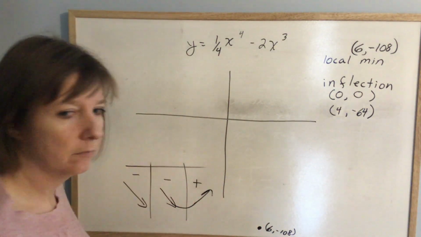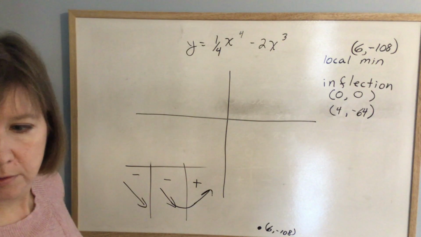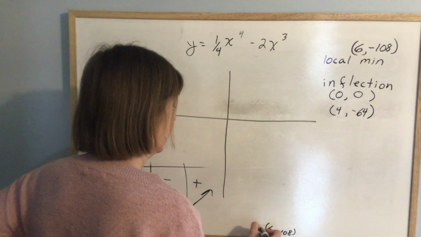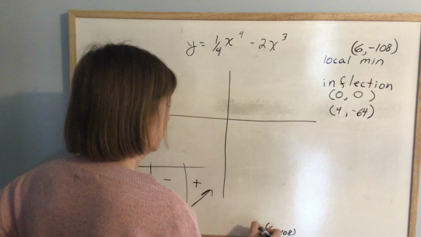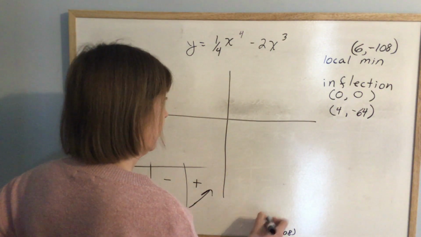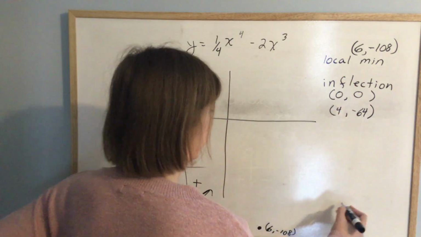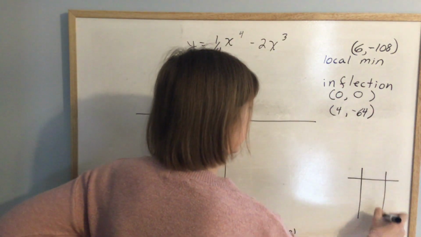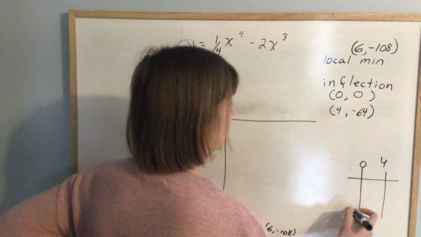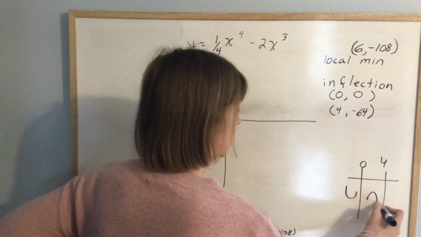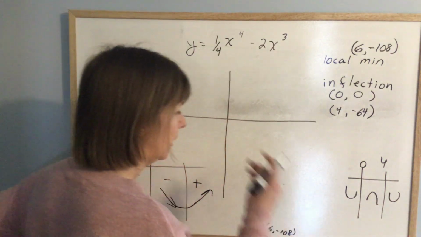Now, it said it was concave up after here. I don't have that thing anymore, but it had 0 and 4, and it was concave up, then concave down, then concave up again.